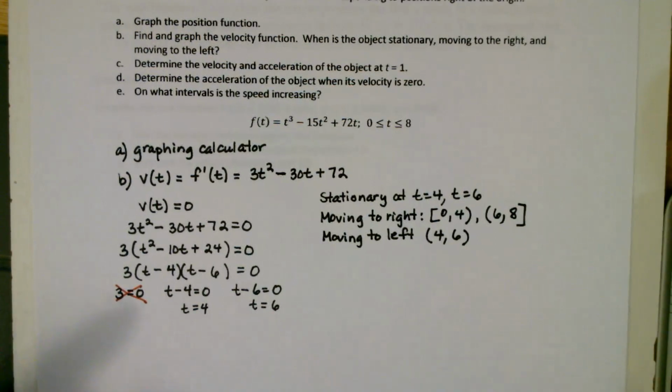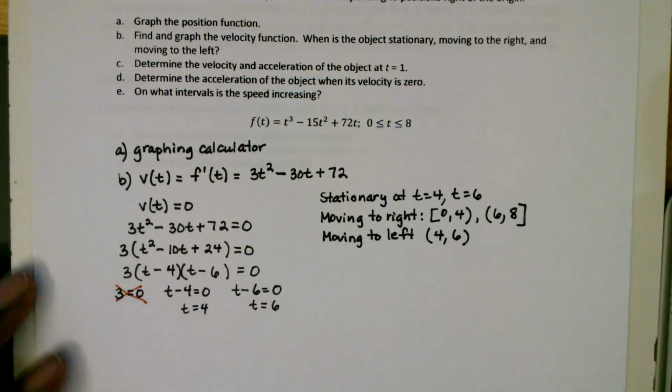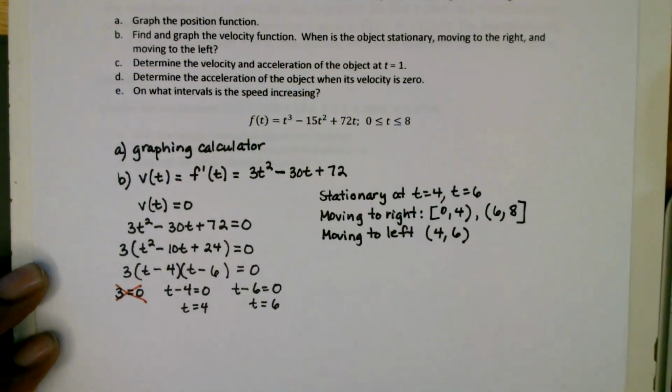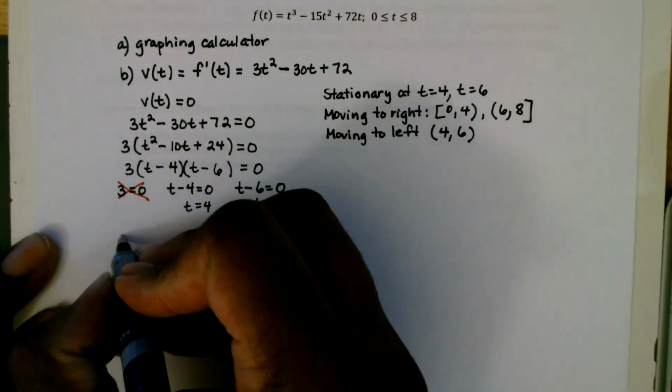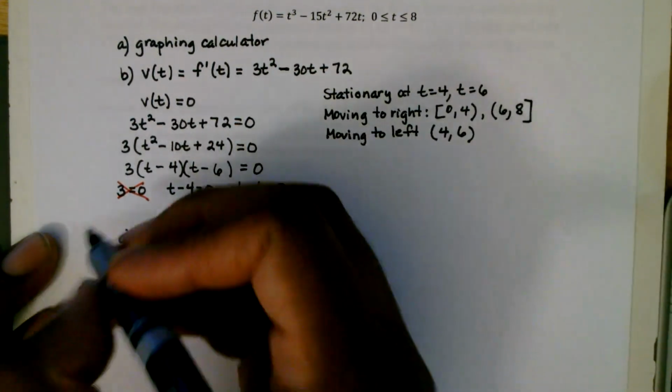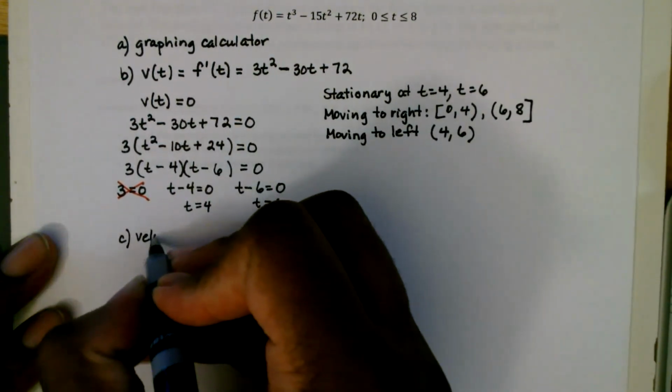Now part C. Determine the velocity and acceleration of the object at t equaling 1. All right, so let's find the velocity at t is equal to 1.